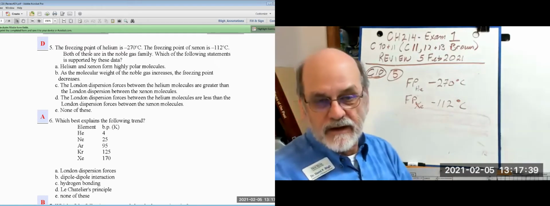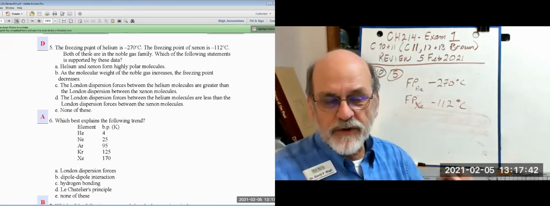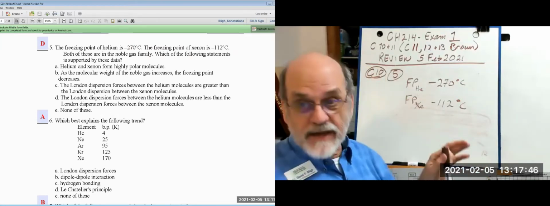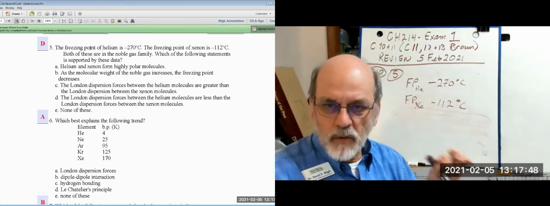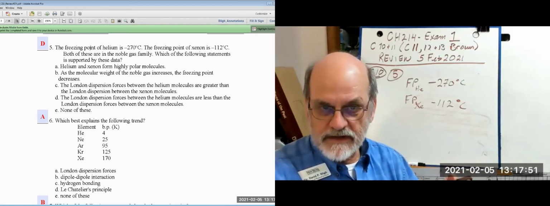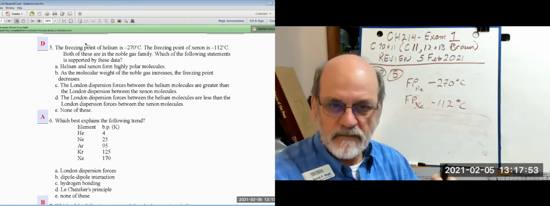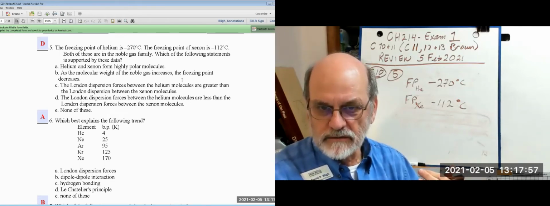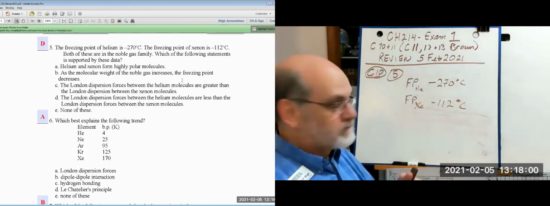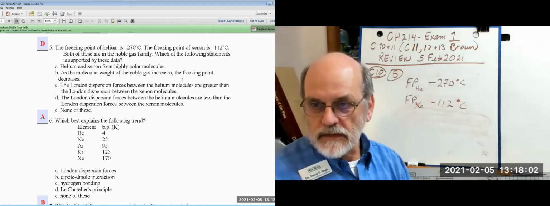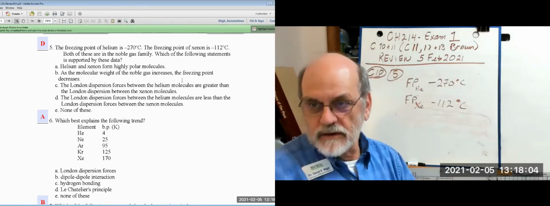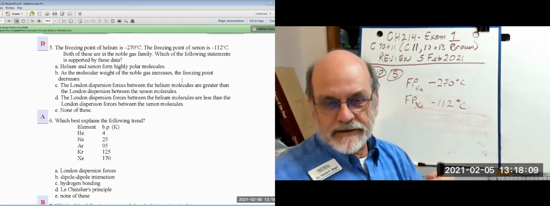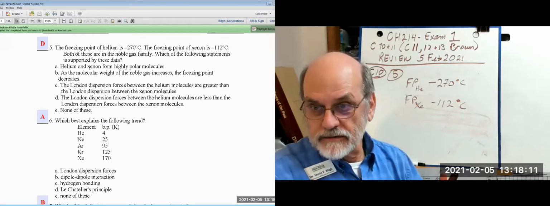Okay, that's given. Both of these are noble gases, same family. Which of the following statements supports these data? A, helium and xenon form highly polar molecules. No, they don't. In fact, they don't even form molecules. They're individual atoms. So A is false for 2 reasons.